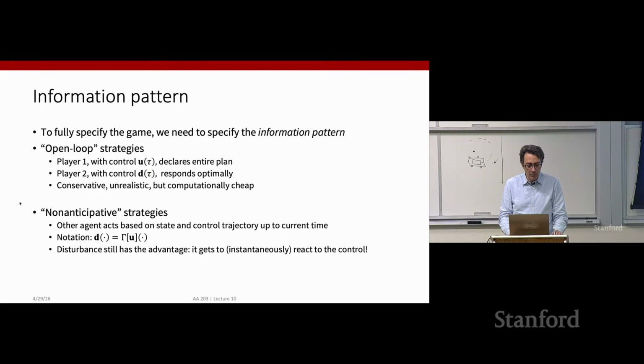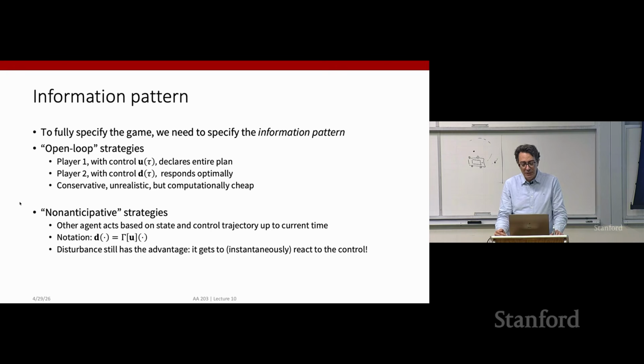The most intuitive one, but also a very bad one, is that I, as player 1, declare my full control sequence from time t0 all the way to the final time. Player 2 gets to see that, and then it optimizes its own optimal control sequence. Of course, this gives an enormous advantage to player 2 because it knows exactly what you're going to do between now and the final time.